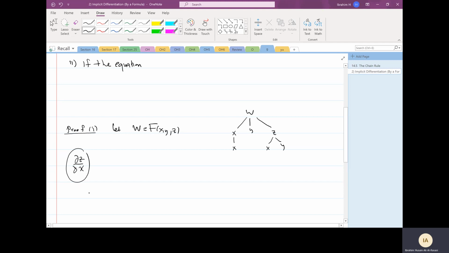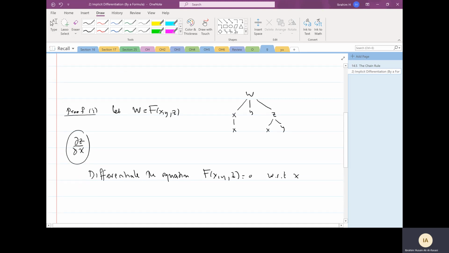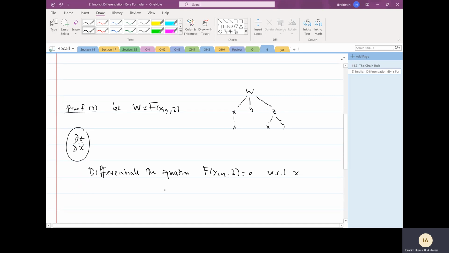I will differentiate the equation f of x, y, z equal to 0 with respect to x. Okay. This means what? The following. I.e., you are differentiating w equal to 0.